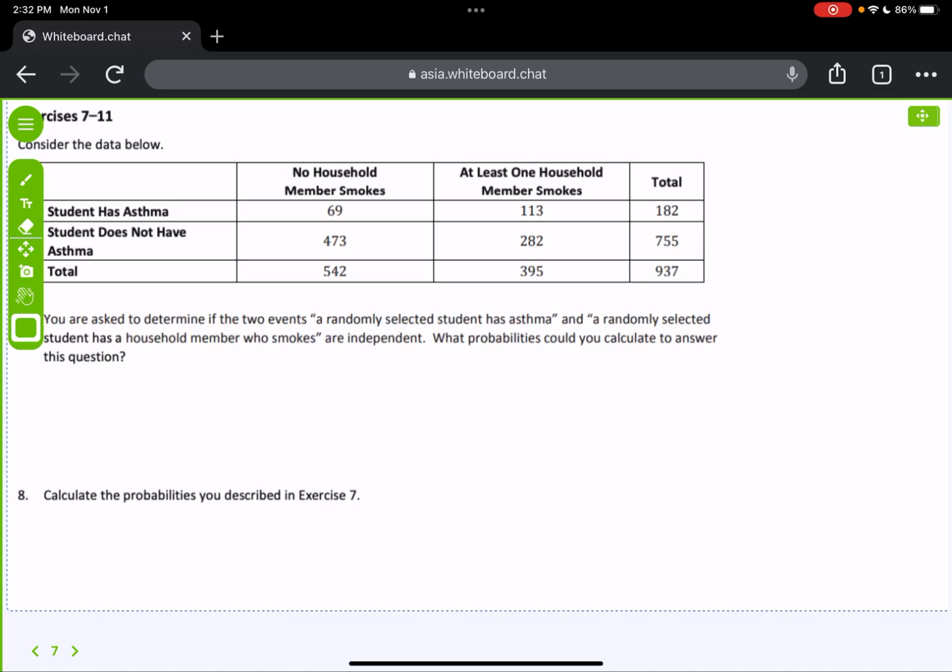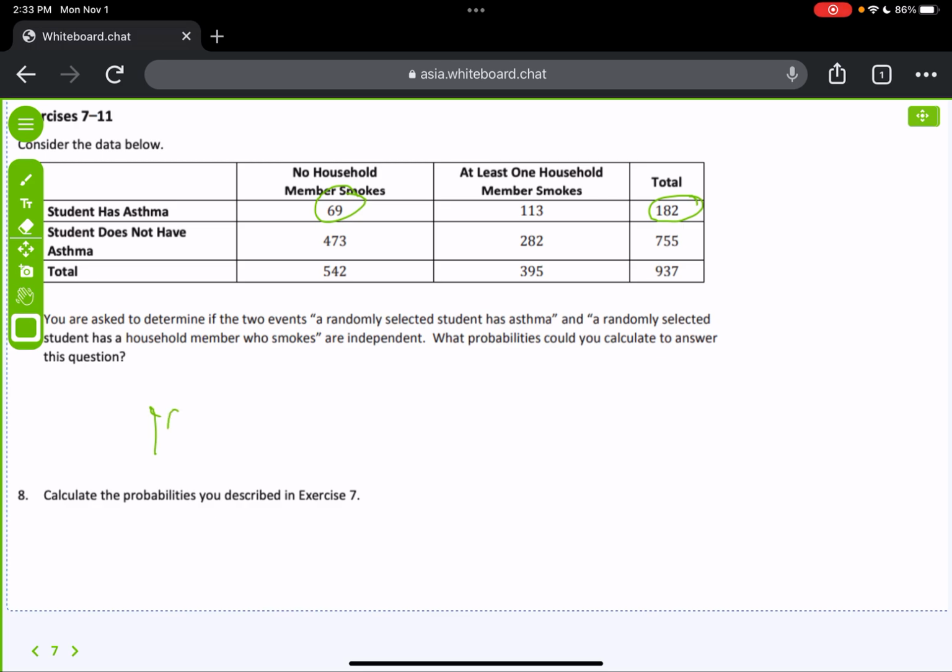All right, page 7. So let's consider the data below. We have asthma and non-asthmatic and household smokers and the totals. You're asked to determine if the two events, a randomly selected student has asthma and a randomly selected student has a household member who smokes, are independent. So first, what are the probabilities that you could calculate to answer this question? Well, we're going to look at students that have asthma and the number of members that smoke.